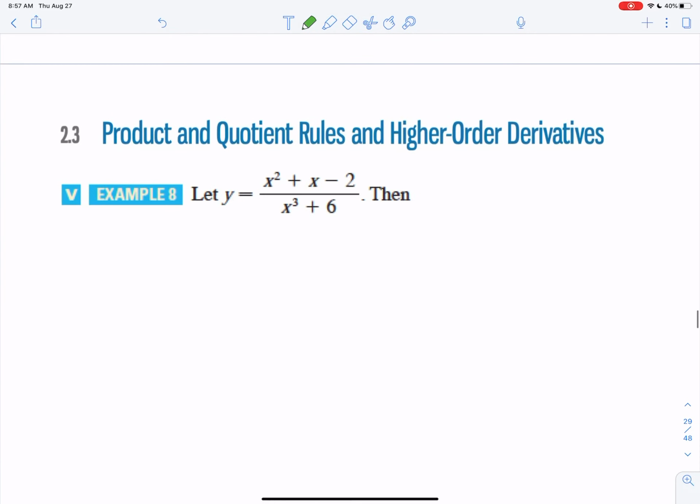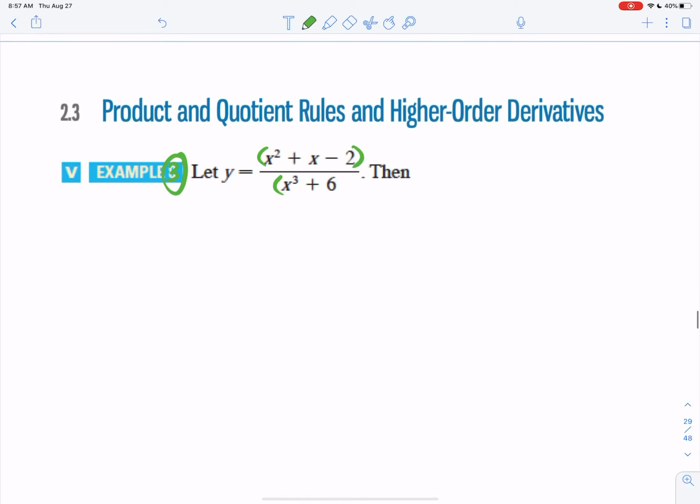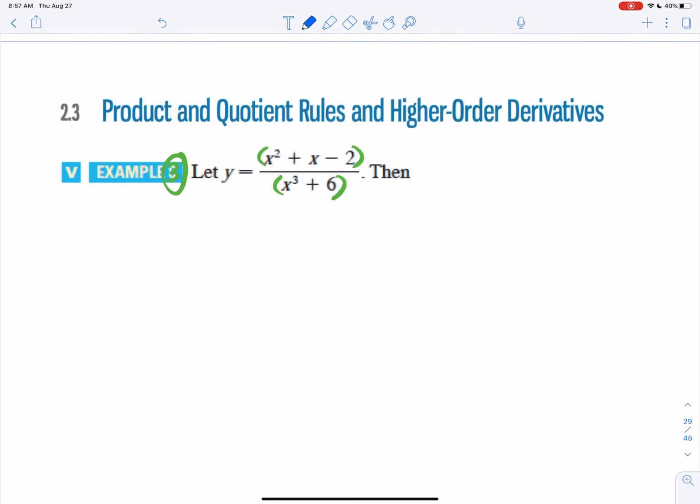Okay, here we go. Here's example, oh gosh, I'm going to call this 3. I could be wrong. Write it down and then we'll talk about it. So y equals that quantity up there over this quantity down here. I like to put parentheses. So I definitely have a quotient, so to find the derivative I have to apply the quotient rule.